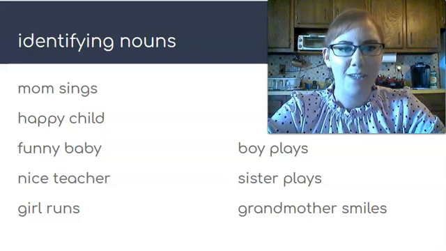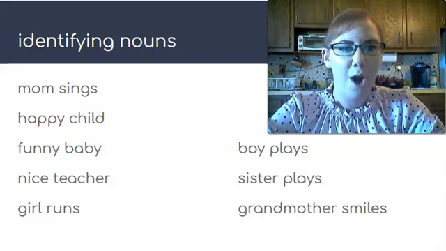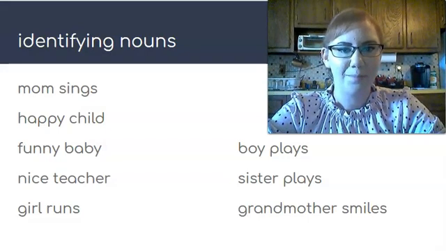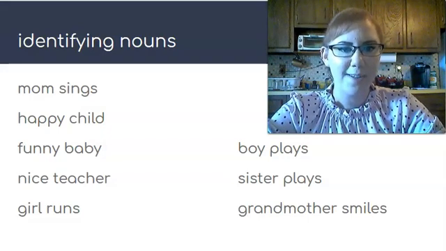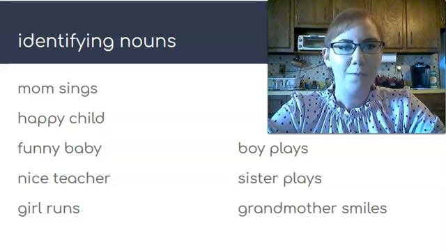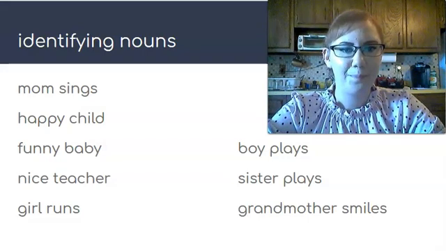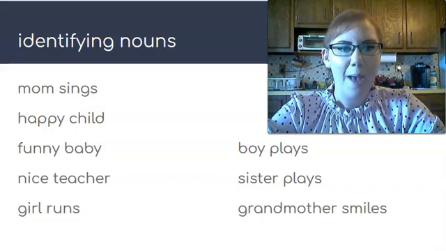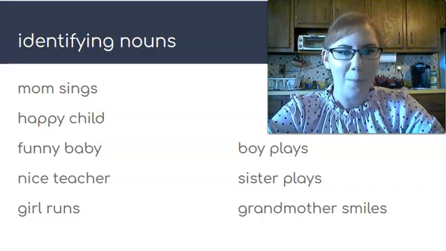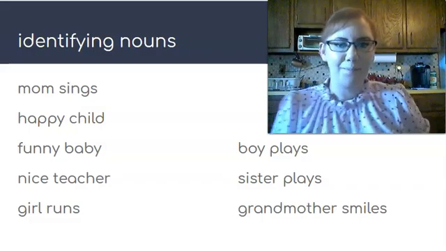Now listen to the next phrase and then shout it out when you know which word is the noun that names a person. Happy child. Child is the noun because a child is a person. Bunny baby. Baby is the noun because a baby is a person.